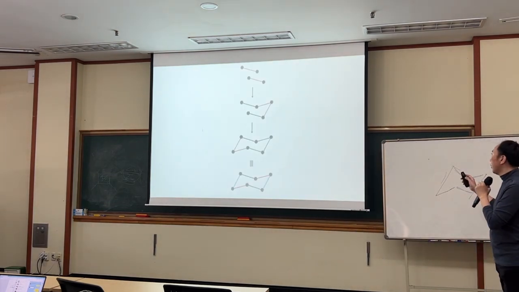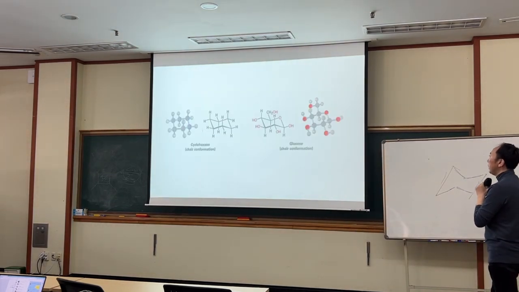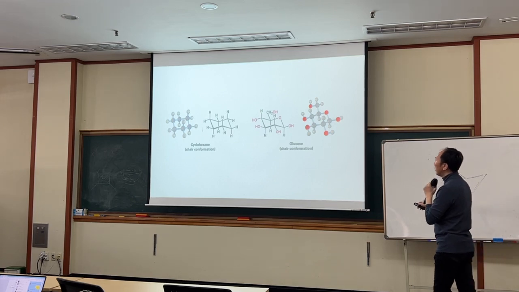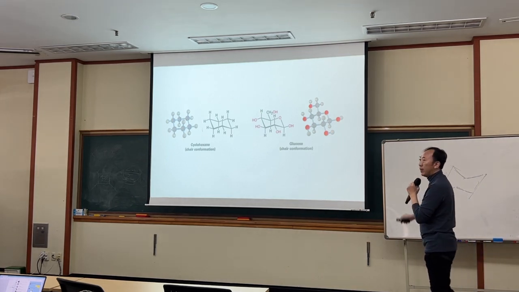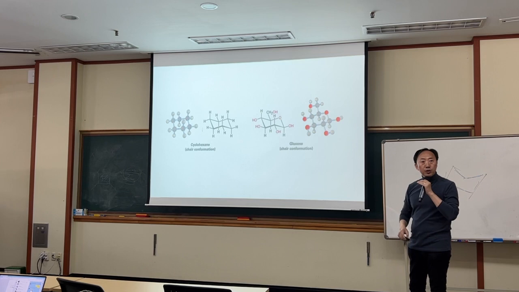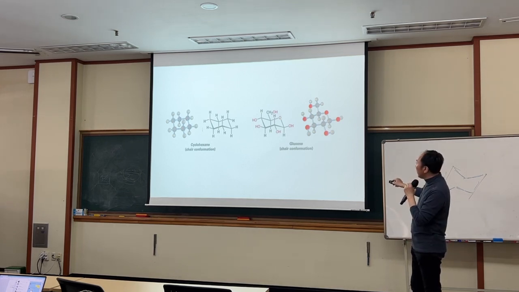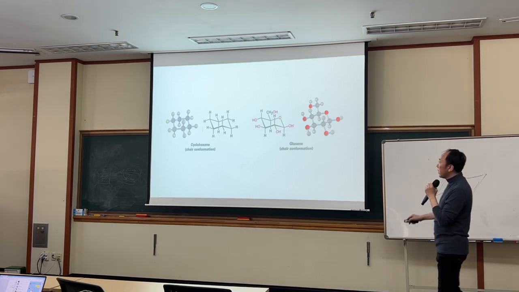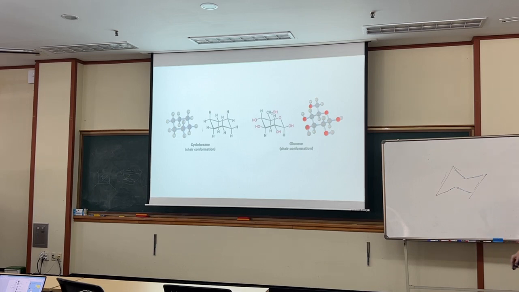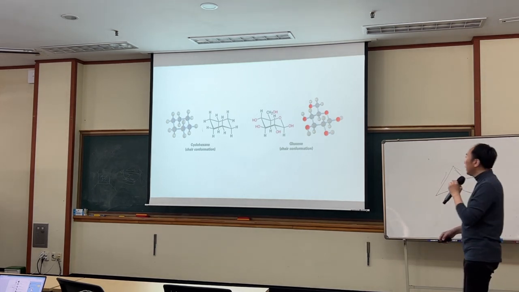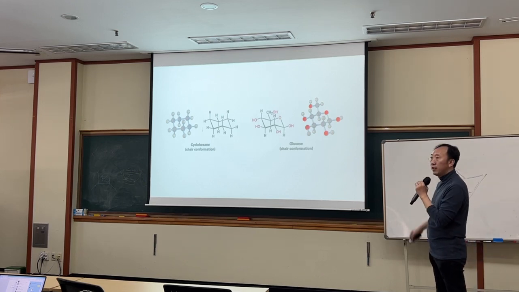And if you go a little further, now you draw this 6-membered ring, and now you have the protons, protons here and here. Now this is a cyclohexane structure. And similar structures we find in nature. A typical example is the sugar glucose.